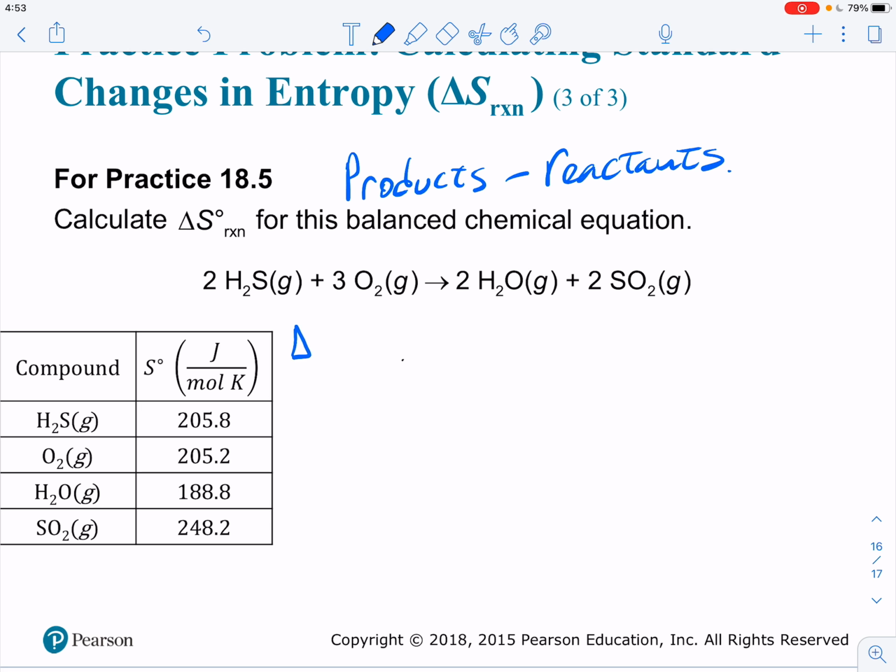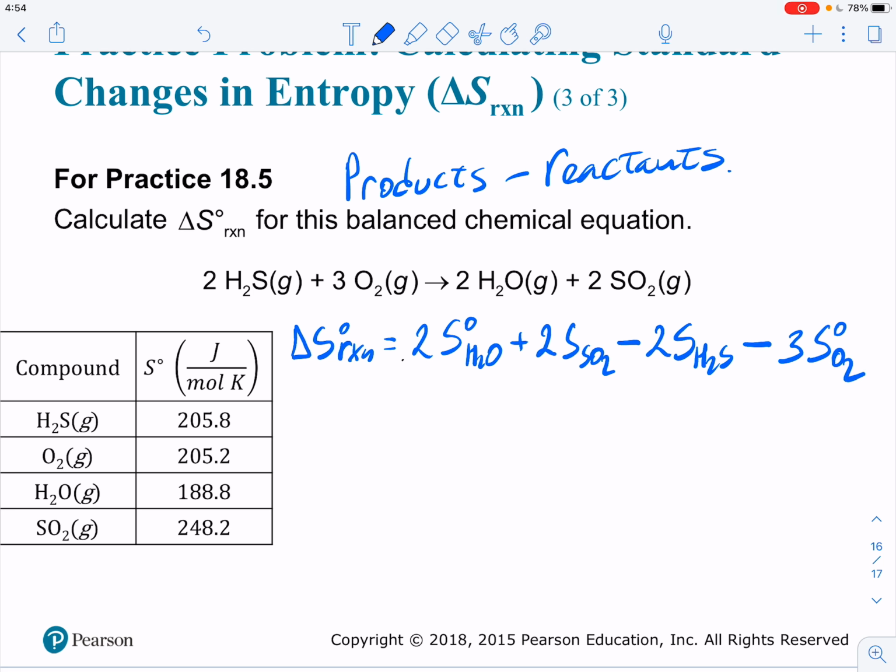So the change in entropy for the reaction is going to be 2 times the entropy of water plus 2 times the entropy of sulfur dioxide minus 2 times the entropy of hydrogen sulfide minus, in this case I'm not grouping them in a parenthesis. You can do it if you want to, you don't need to, it's whatever you feel more comfortable with. Minus 3 times the entropy of oxygen.